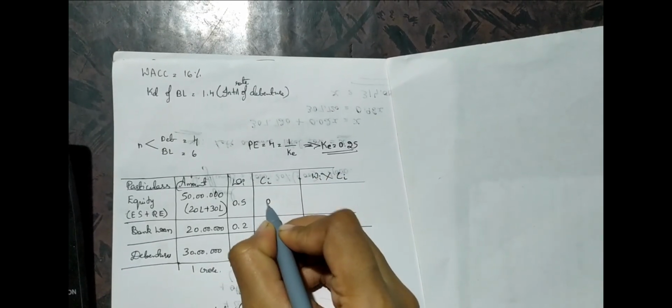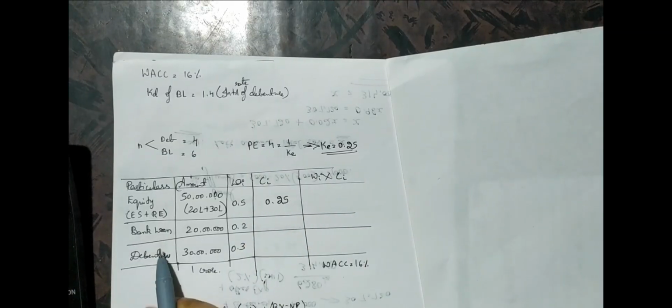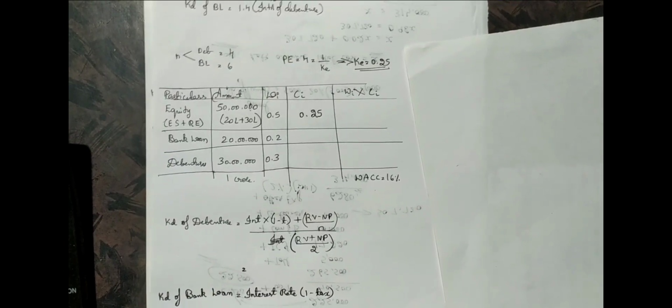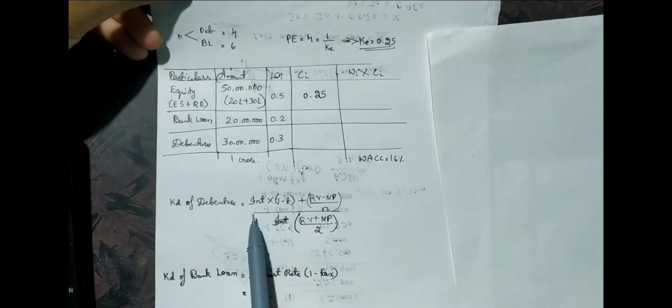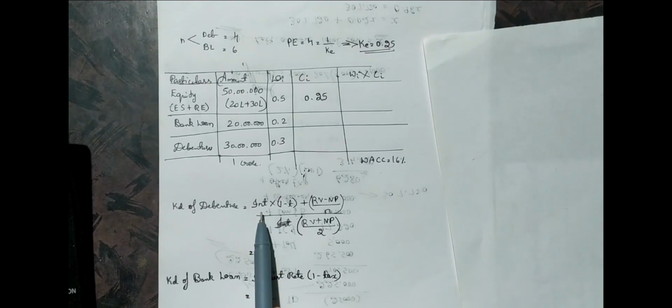Done with this. And next we have bank loan. It is very important to remember that for cost of debentures and cost of bank loan, the formula is always interest into 1 minus tax. For debentures we take interest amount, so if they have given 13%, then it is 100 into 13%, so it's going to be 13.